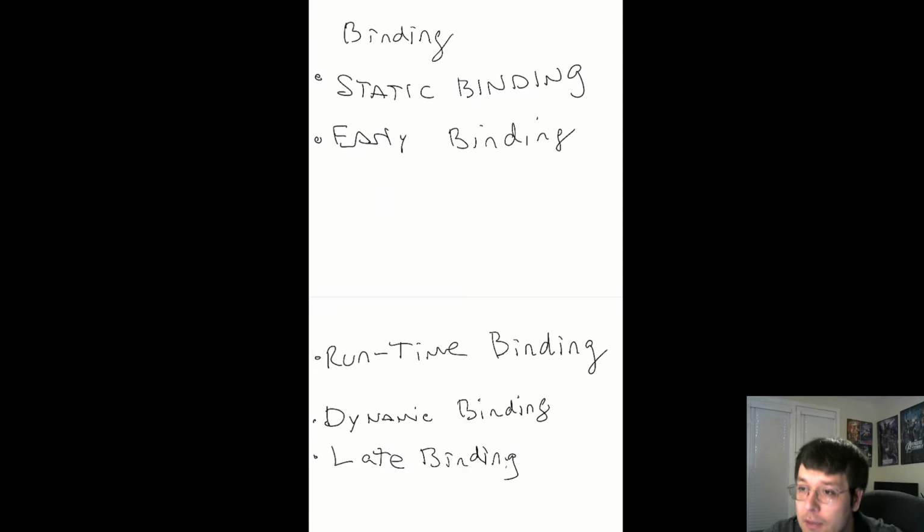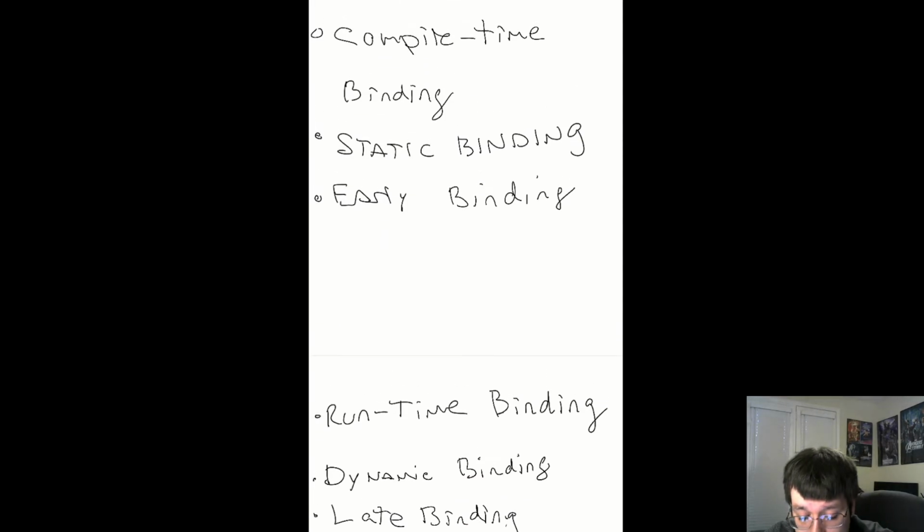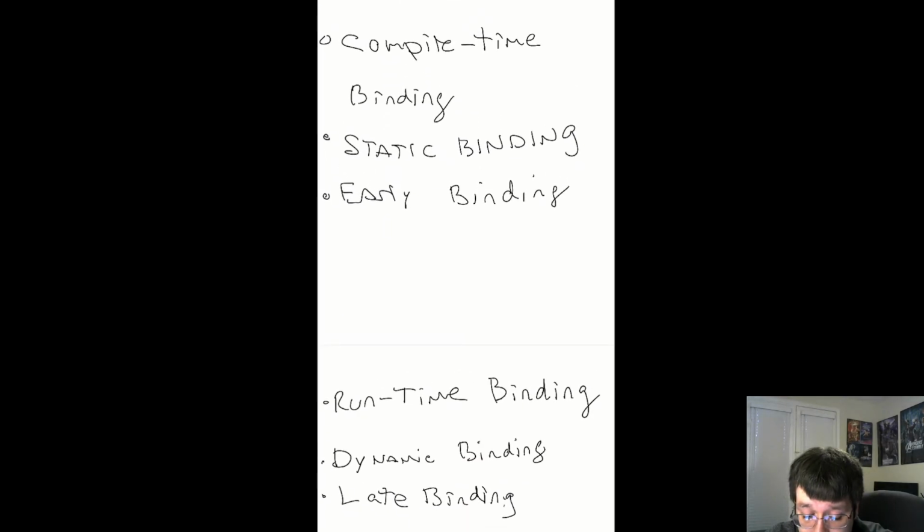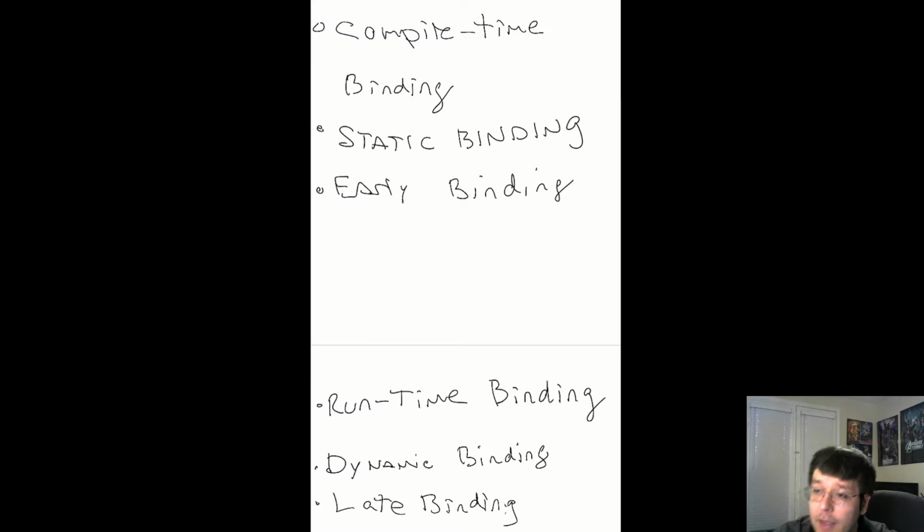Okay, so what this compile time binding versus runtime binding means is that in C++, when you compile your code and it sees a member access operator, it says, okay, I need to decide what piece of code I'm going to execute based on what the user wants, right?